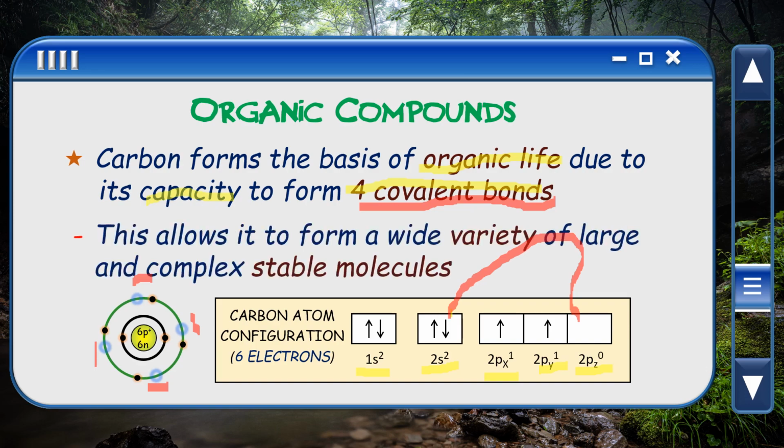Now, this allows it to form a wide variety of large and complex stable substances or molecules. And that is carbon, which is the backbone of all organic compounds.